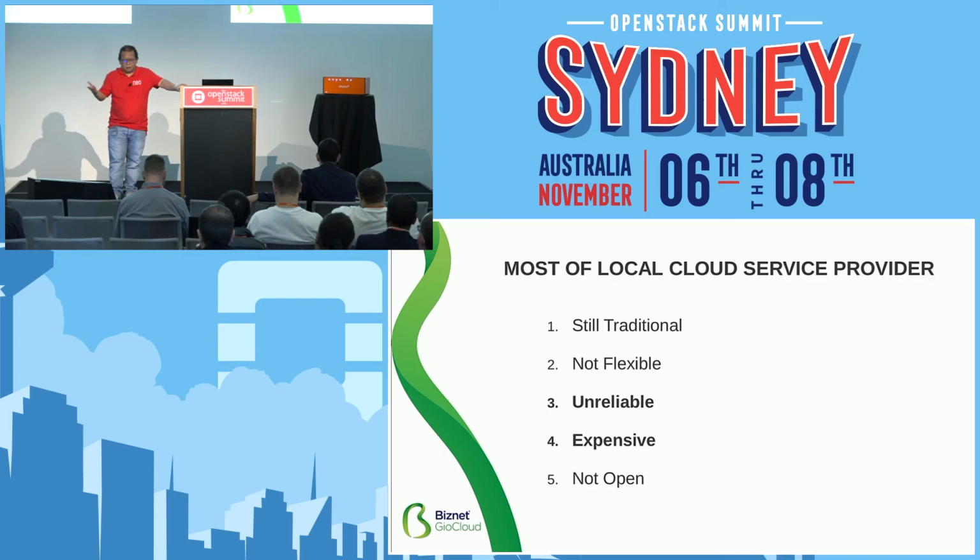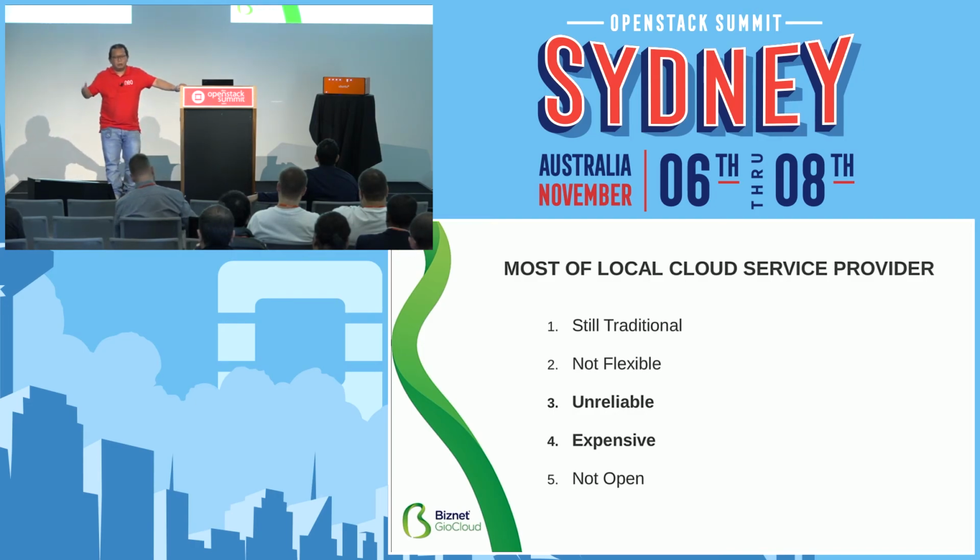Number three, and that's the highlight here, the local market perceives local cloud service providers as unreliable, so we want to tackle that. And number four, they are expensive compared to global public cloud providers like Azure, AWS, DigitalOcean, Linode, etc.